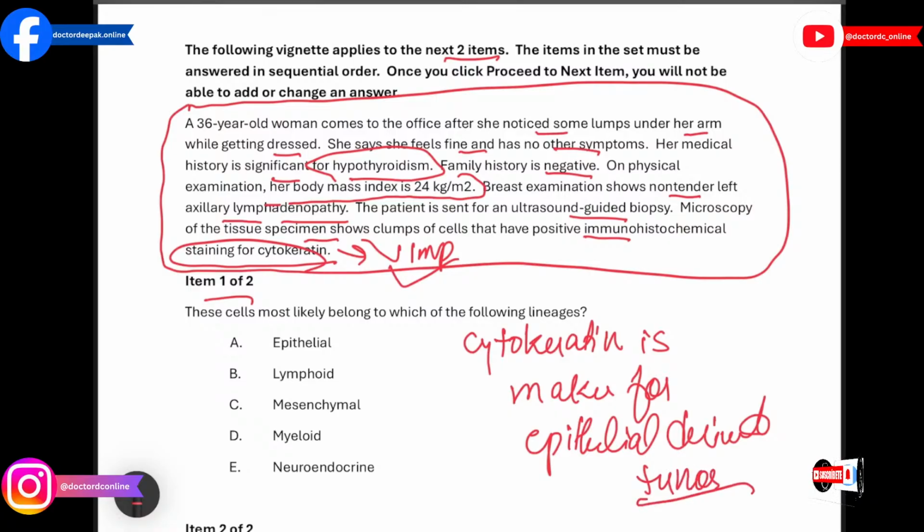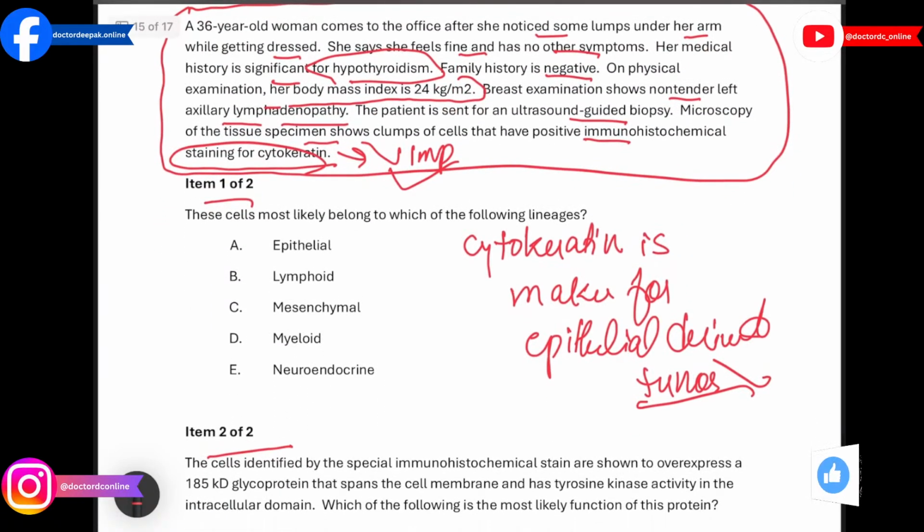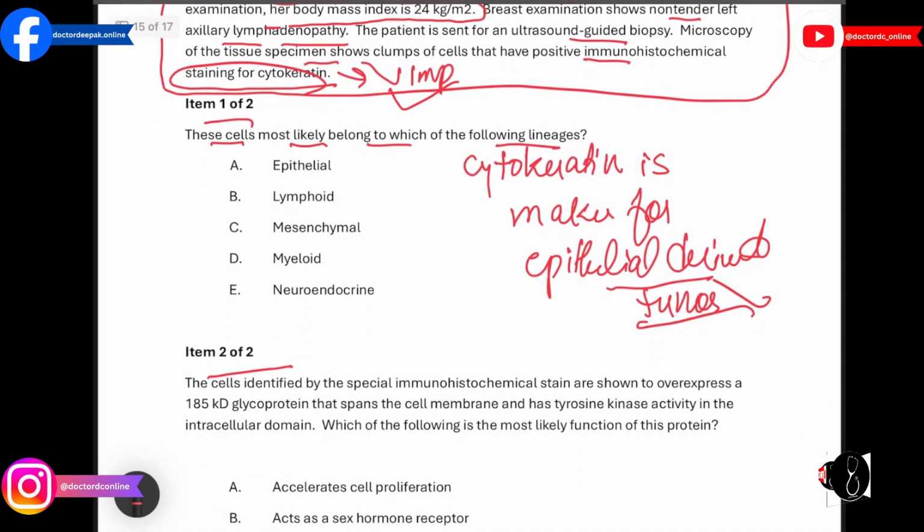And it's also in the neoplasia part of general pathology in the first read. Epithelium-derived MCQs: these cells most likely belong to which of the following lineages?